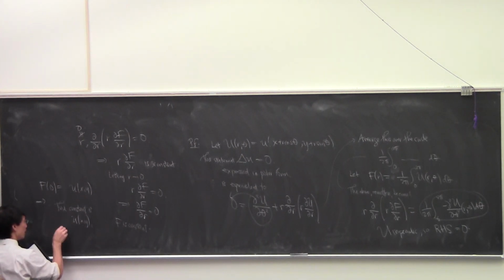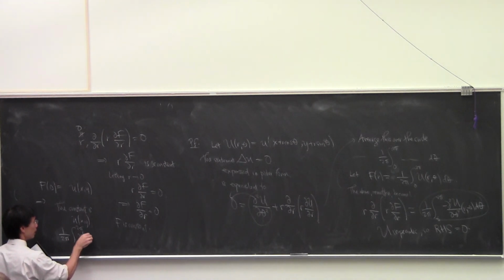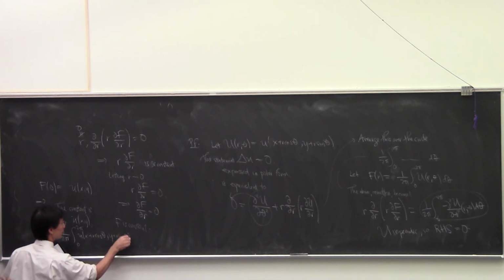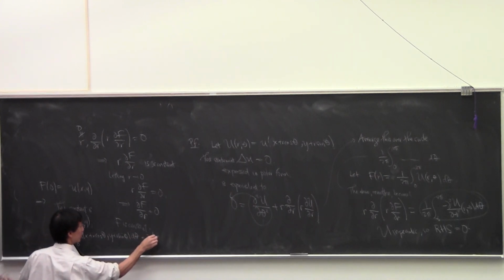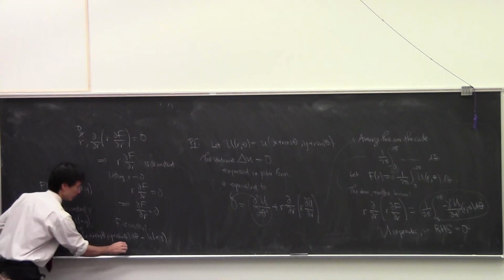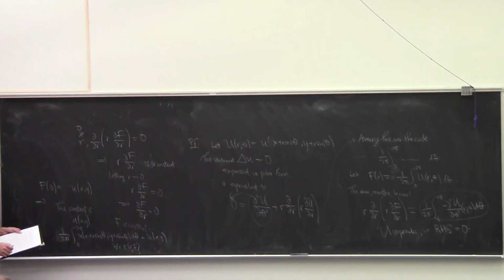As a formula: 1 over 2 pi, integral from 0 to 2 pi, of u at x plus r cosine theta, y plus r sine theta, d theta, is equal to U of x, y for all r. So this is a pretty cute proof of the mean value property.